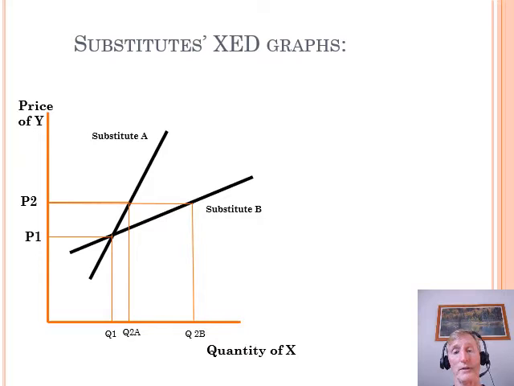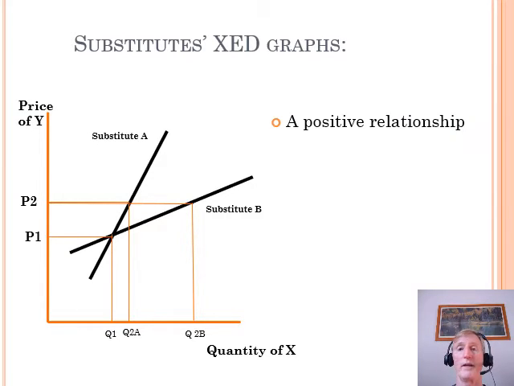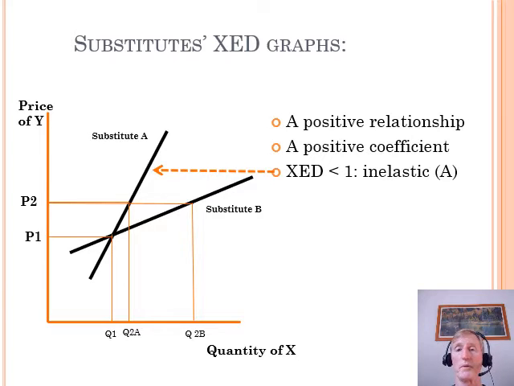There'd be a huge increase if the price of the first one were to increase. So that's how you can tell why there is going to be a positive relationship in the case of substitutes, because the consumers are switching in response to the increase or change in price of one to the quantity of the other. And the coefficient will also be positive.